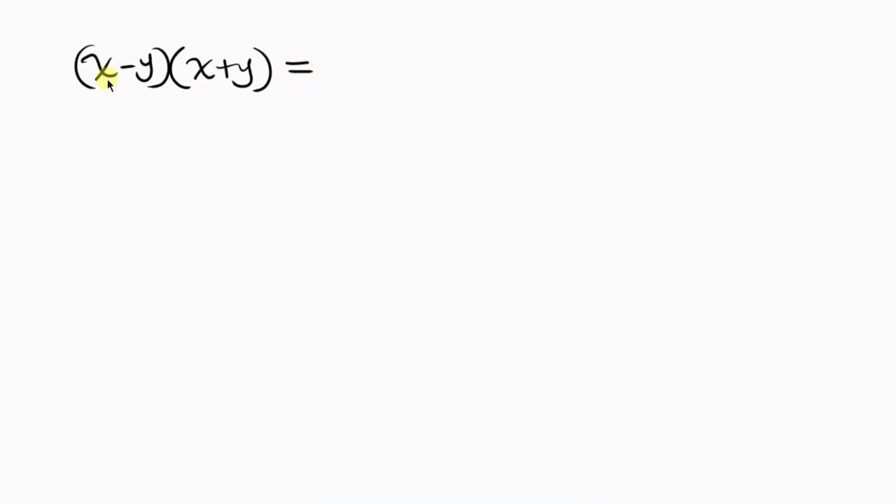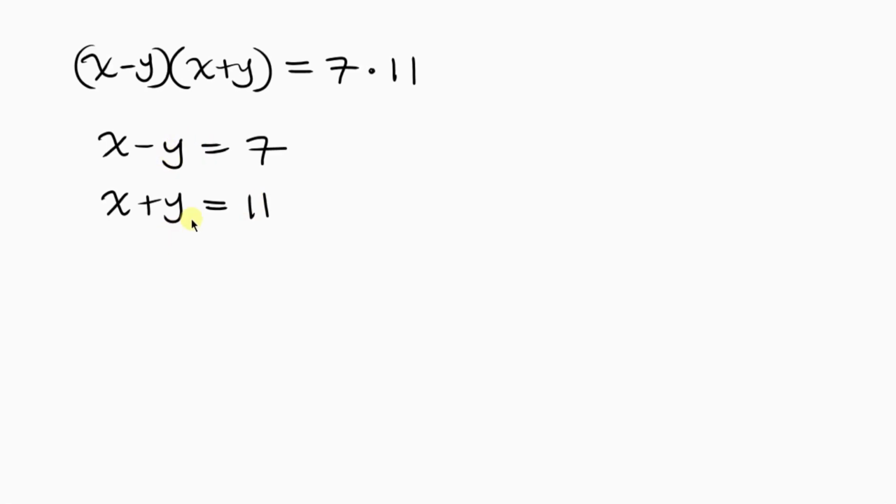On the left-hand side, we have x minus y times x plus y equal to, now we're going to give the smaller factor to x minus y, which is 7, times the bigger factor to x plus y, which is 11. That means x minus y represents 7, which is the smaller factor, while x plus y represents 11, which is the bigger factor.